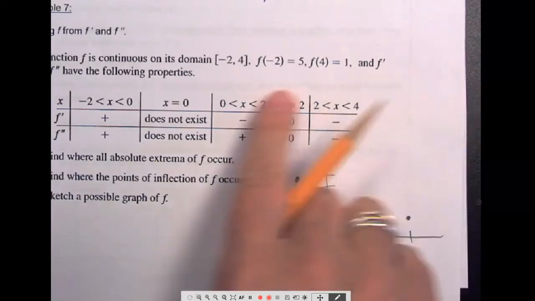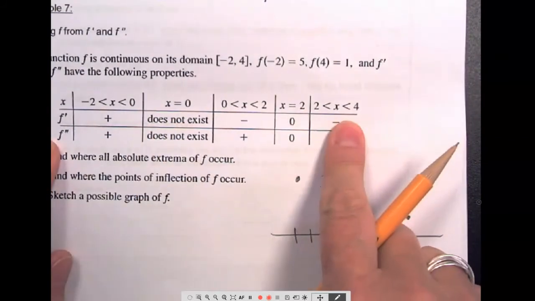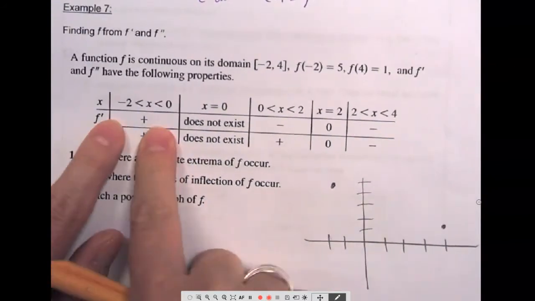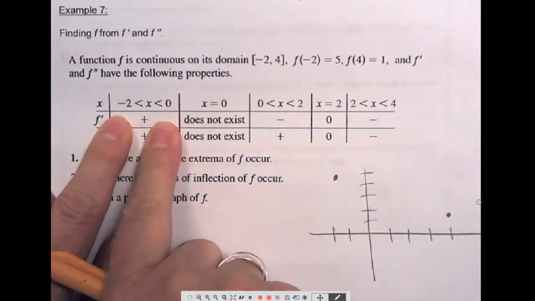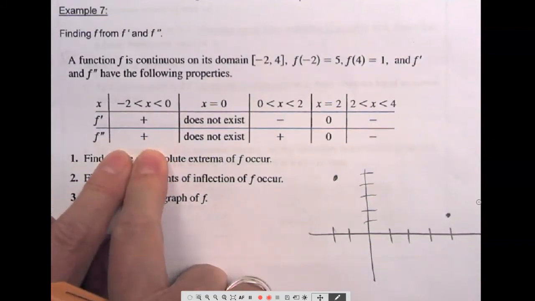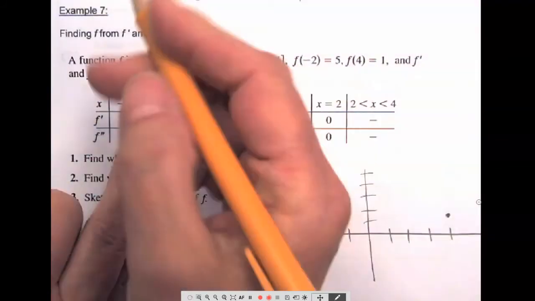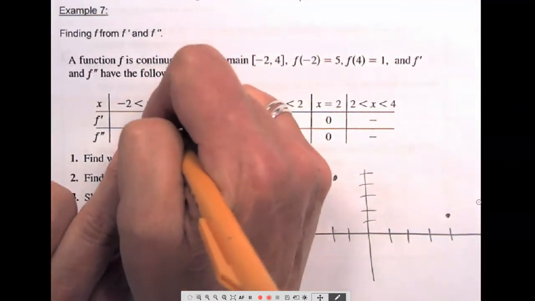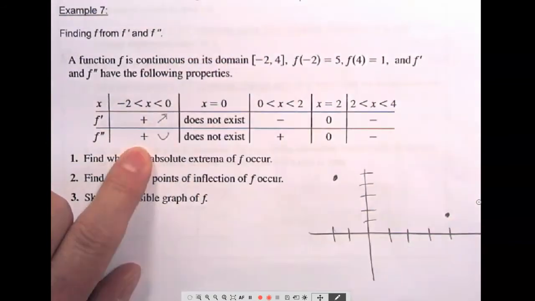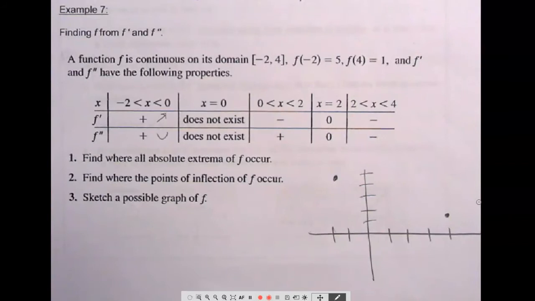And the first and second derivatives have these properties. Okay, so let's read this. Between -2 and 0, both derivatives are positive. First derivative positive means increasing. Second derivative positive means concave up.